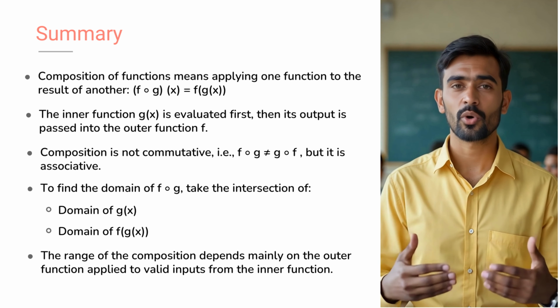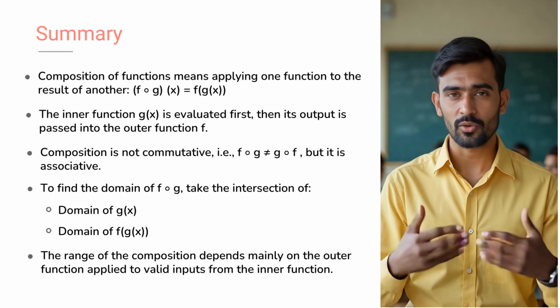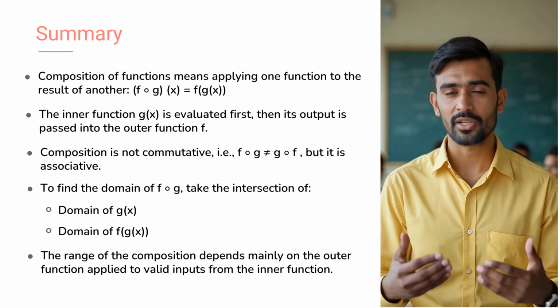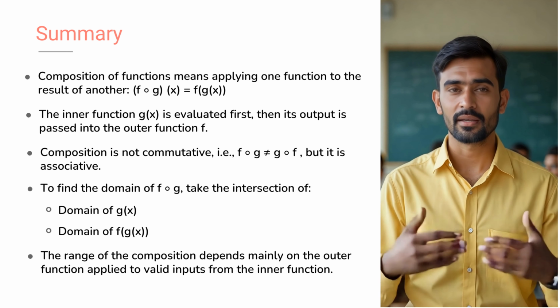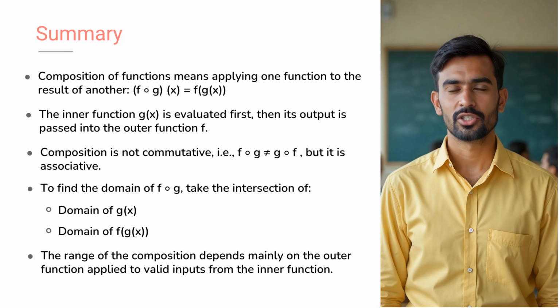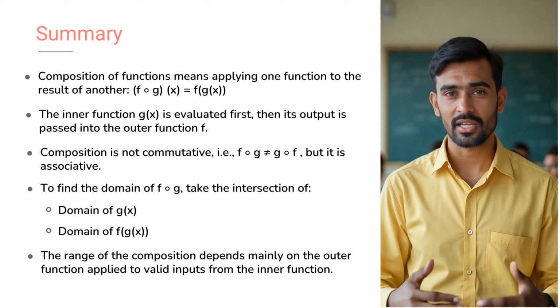Let's summarize what we have learned. Composition of functions means applying one function to the result of another. f composed with g of x equals f of g of x. The inner function g of x is evaluated first, then its output is passed into the outer function.